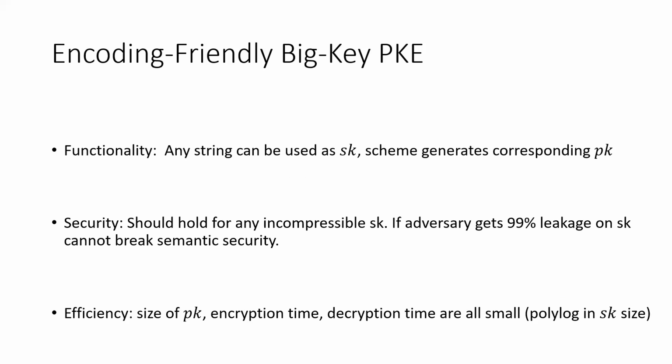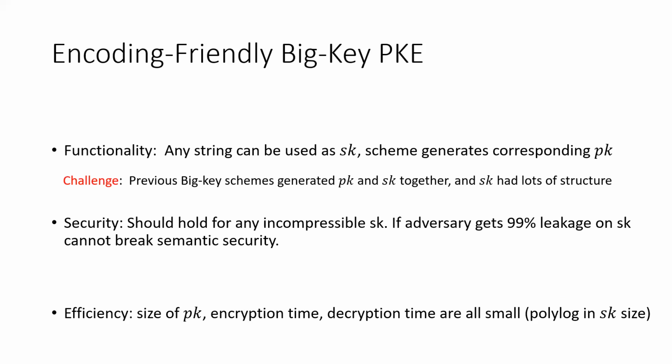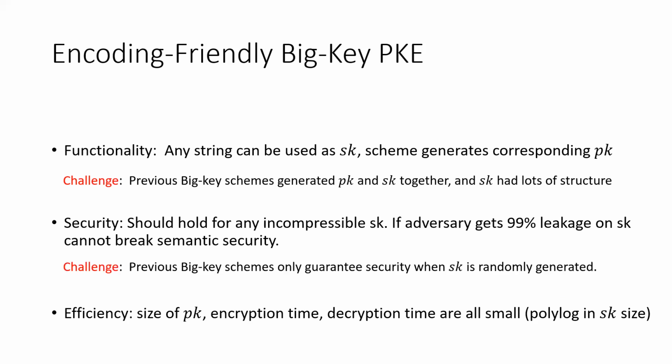There are a few challenges if you look at previous public key crypto systems. One challenge is that in previous systems, the scheme generated its public key and secret key together. The secret key had a lot of structure, but now we want to use any old string as a secret key. So we cannot use the previous schemes as is.